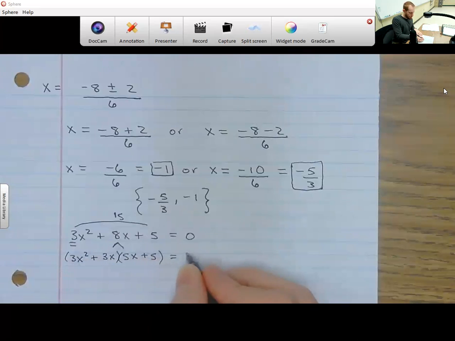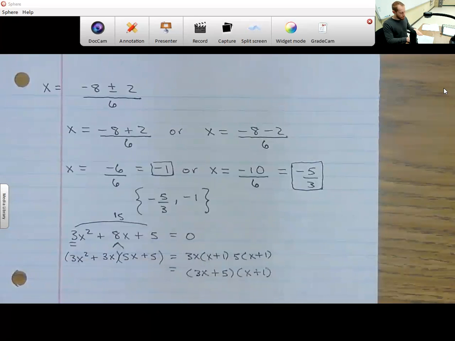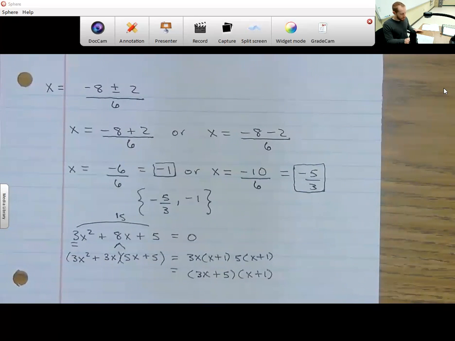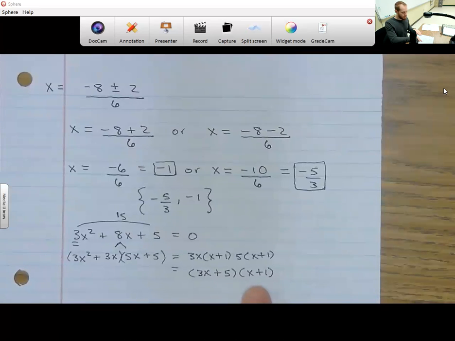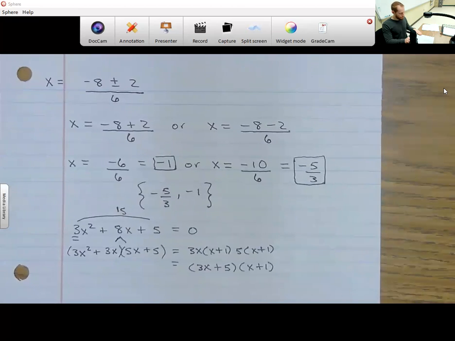And then you would get 3x, x plus 1, 5, x plus 1. And then that would give you 3x plus 5, x plus 1. So then if you set those equal to 0, you could see very easily how you would get a -1 from here and a -5/3 from here. Okay? So two different methods. They bring you to the exact same two answers, right?